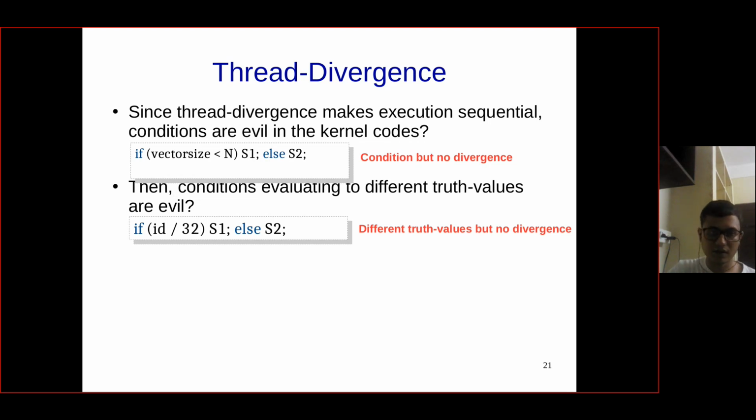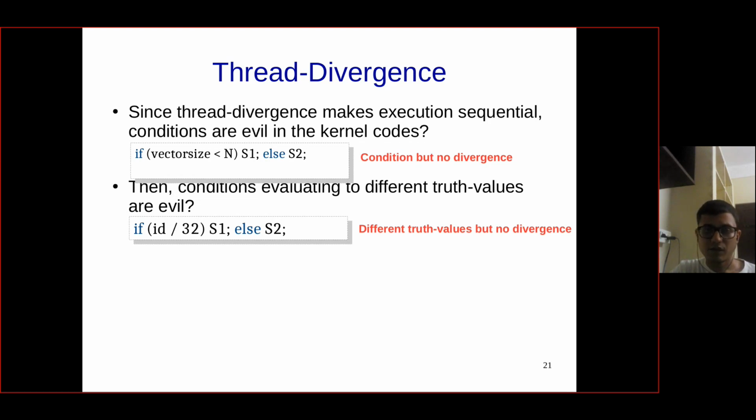For thread 0 this if condition is false, but for thread 32 this if condition is true. Even though they evaluate to different truth values here, all the threads of the first warp, from 0 to 31, are executing s2, and all the threads of the second warp, from 32 to 63, are executing s1.